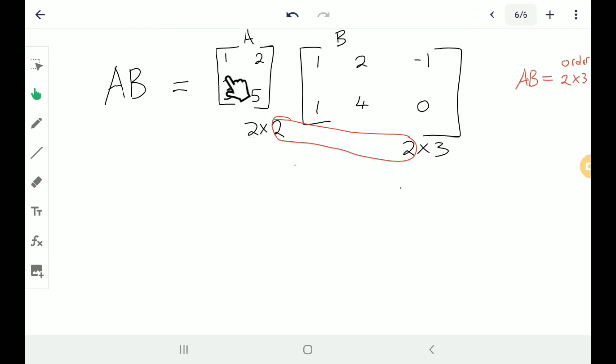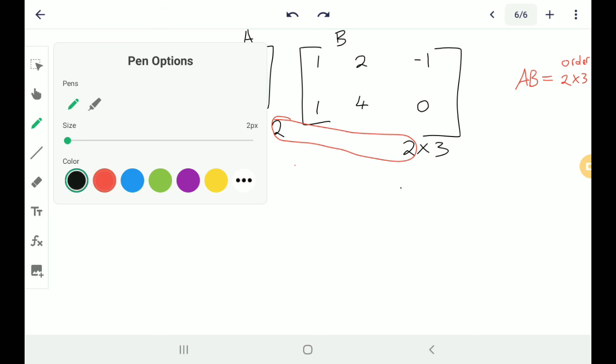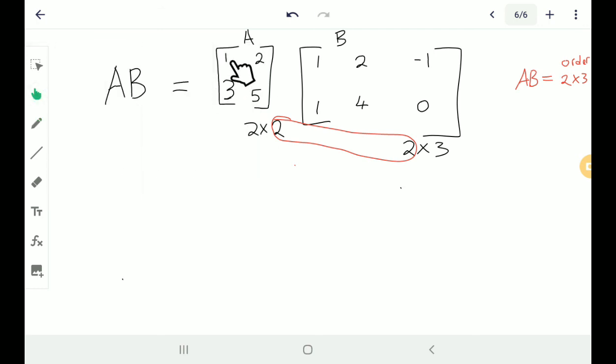So let's multiply matrix A times matrix B. Remember, when multiplying a matrix, we multiply the first element in the row by the first element in the column, multiply the second element in the row by the second element in the column. It's always row by column. So let's do this fast.